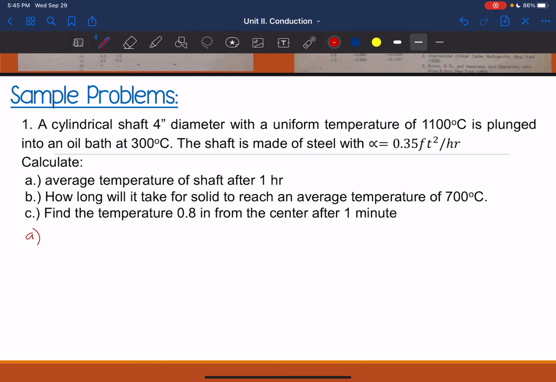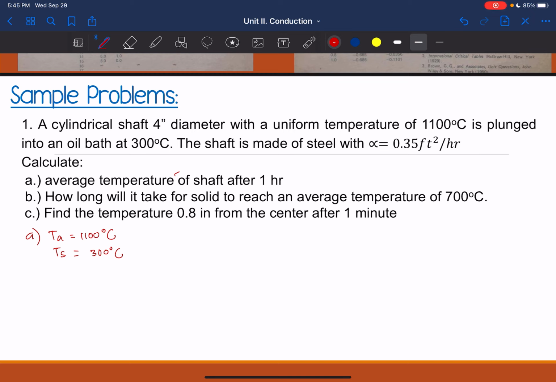You know already that your TA or your initial temperature is 1100. So TA is 1100 degrees C. The temperature at new condition, TS, would be 300 degrees C. We're tasked to get what's the temperature of the body after 1 hour.